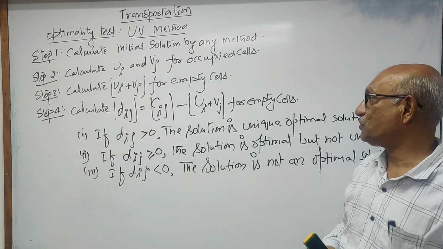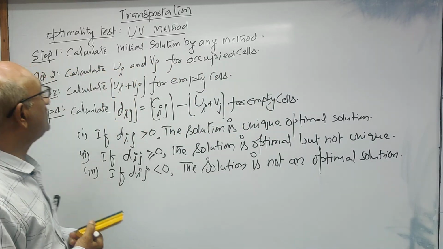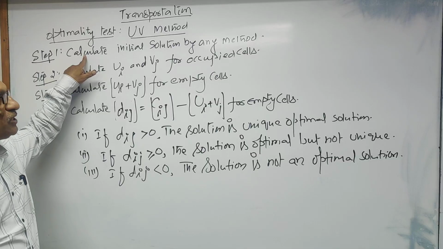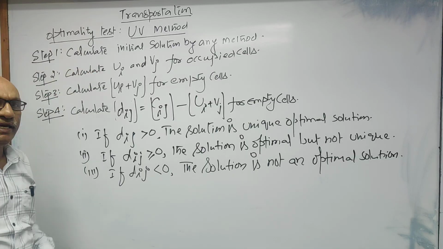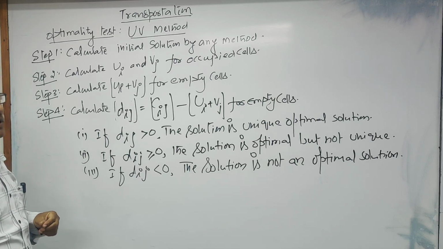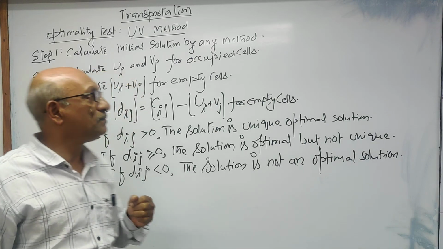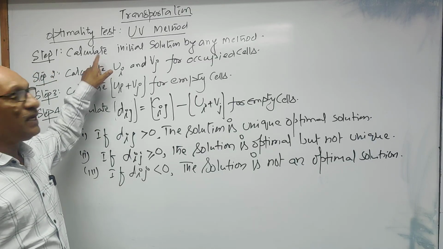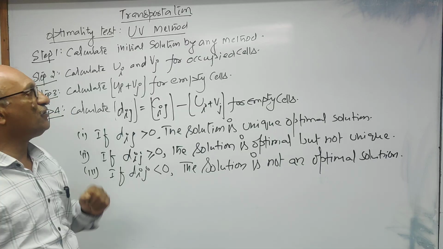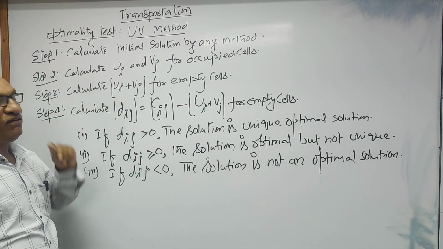So these are the steps we have to verify. Look at the steps once again. Calculate initial solution to the given problem by any of the three methods we have. Step number 2, to the initial solution obtained in step number 1, calculate Ui and Vj for occupied cells, calculate Ui plus Vj for empty cells.